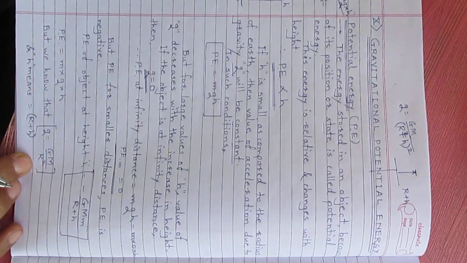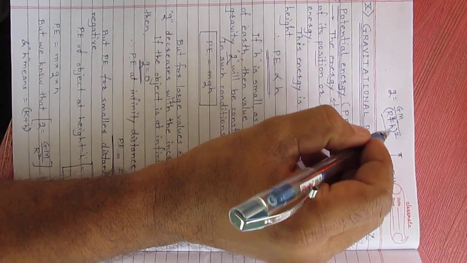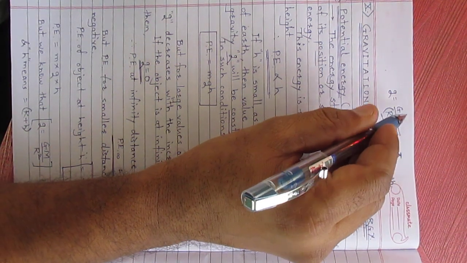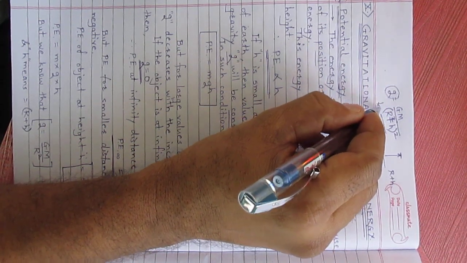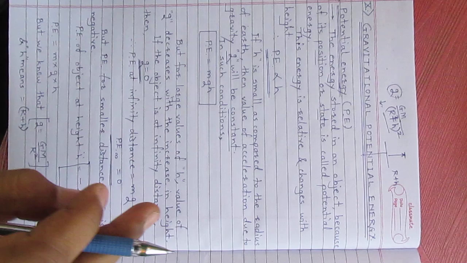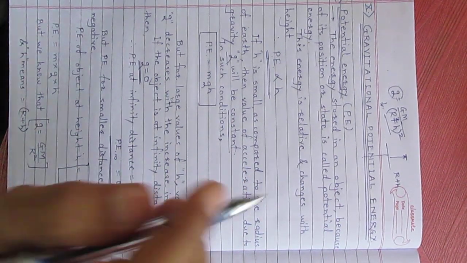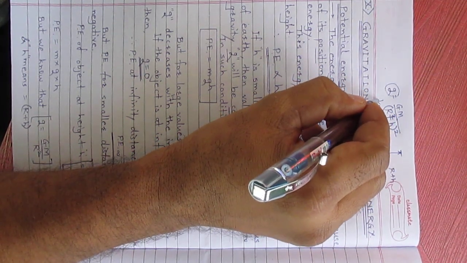As r plus h means the value of the denominator increases, the entire value of g starts to reduce. Therefore, at very large distances from the surface of the earth, g will start to decrease.